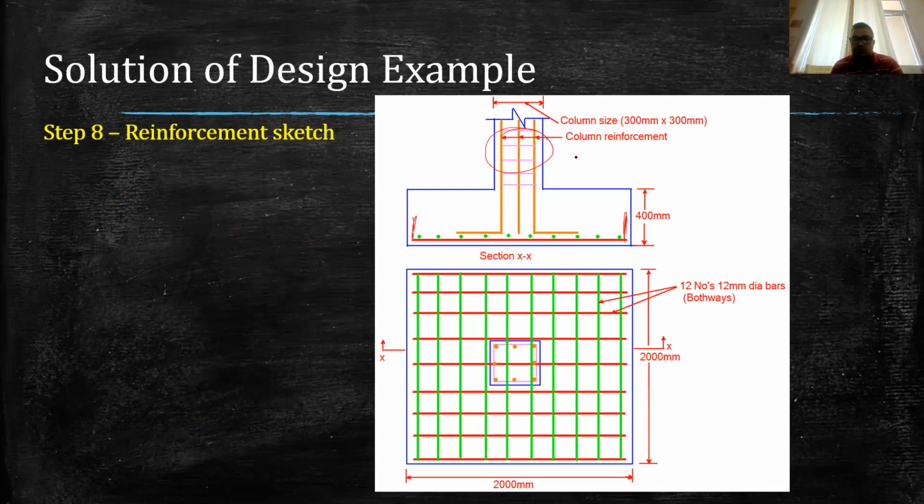We were not supposed to calculate this reinforcement; I am just showing for reference how column reinforcement is placed on the foundation reinforcement. These red and green bars are the reinforcement that we have just calculated. So the reinforcement along both sides is 12 bars of 12 mm diameter. This is how we make the reinforcement sketch for an isolated footing.